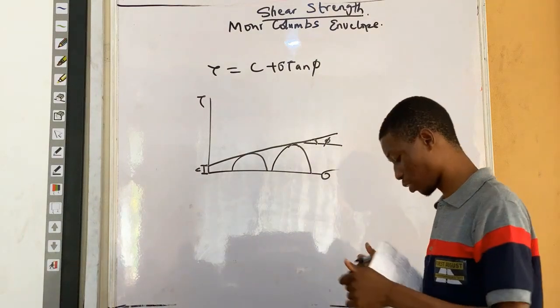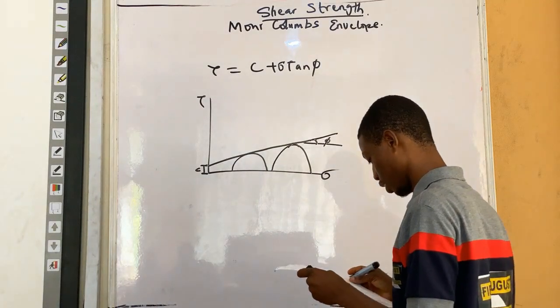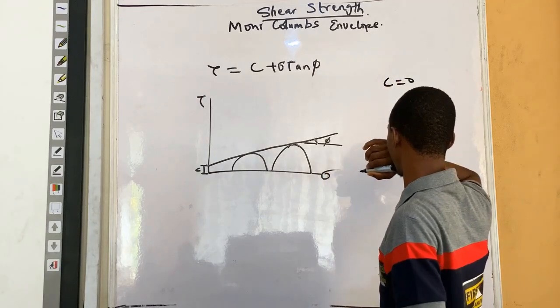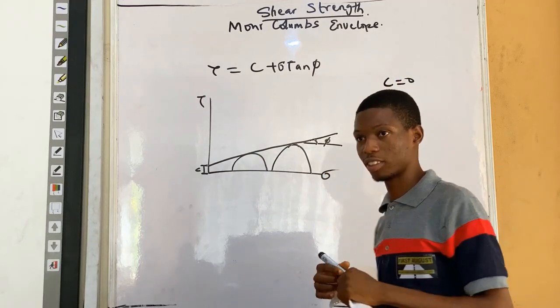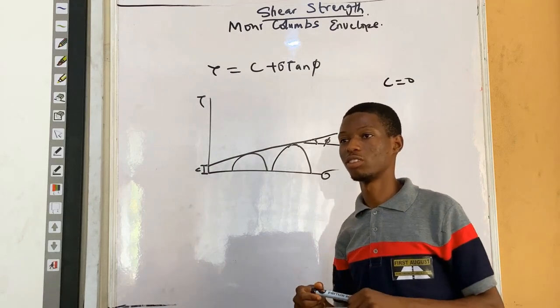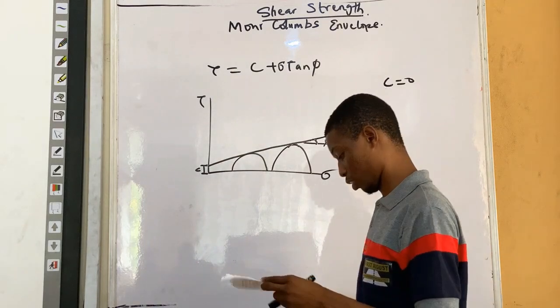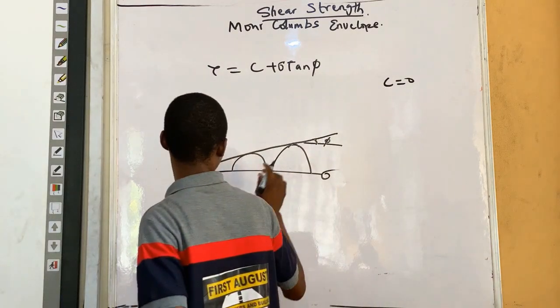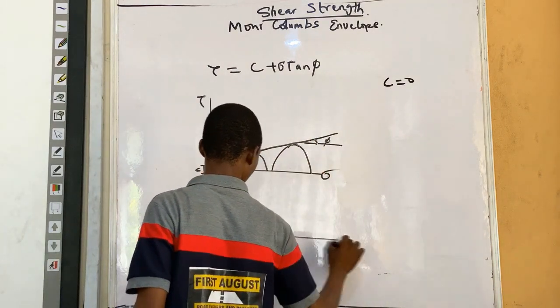So there are some situations where C equals 0. In that case, our diagram will be like this.